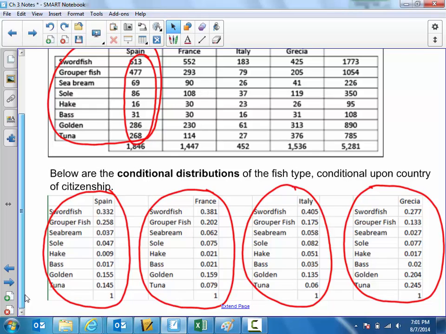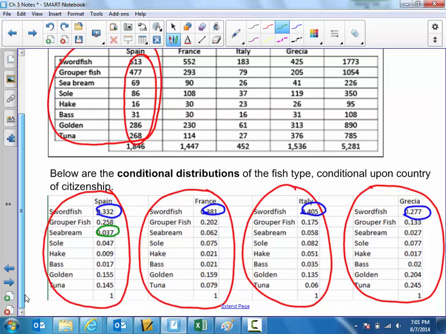Now, if the variables, country of citizenship and preferred fish, are independent, then what will be true is that you will see approximate, not exactly the same numbers, but approximate agreement for all of these data values, etc. We would look at each one of these rows, the row of blue numbers, the row of green numbers, the grouper fish numbers between them, and we would see, okay, when I go from people interviewed in Spain to people interviewed in France, did the percentage of people who like swordfish change when I went to that new country?